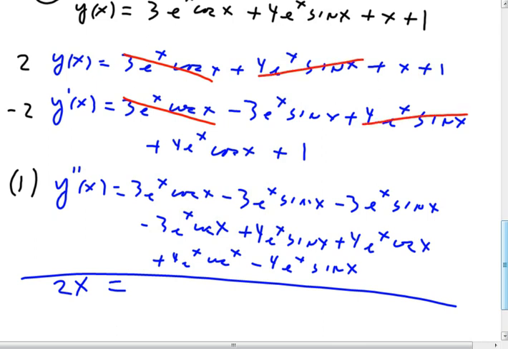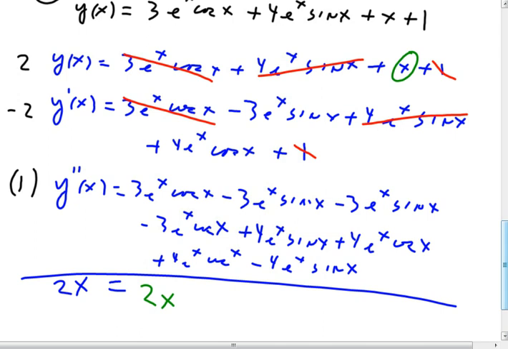So they go. I got minus 2, so they go away. I got a 2x sitting right there. 2x. Now I can get rid of everything else.